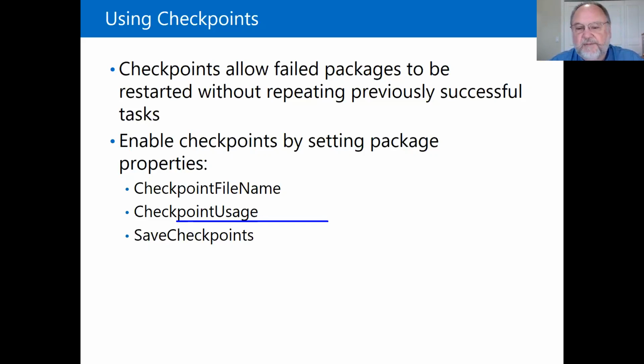If it's set to always, it means that it will always look for the existence of that file. If the file doesn't exist, the package will fail. Honestly, I can't think of a reason why you'd want to do that. I'm sure that somewhere somebody needs that property setting, but I've never figured out why you would want that.